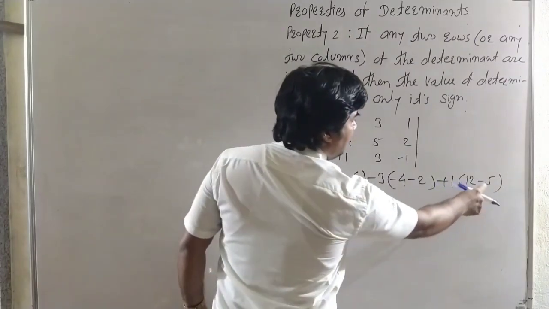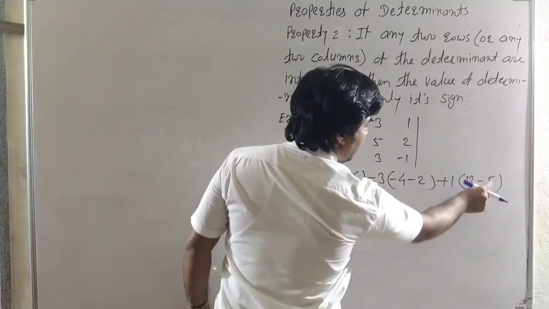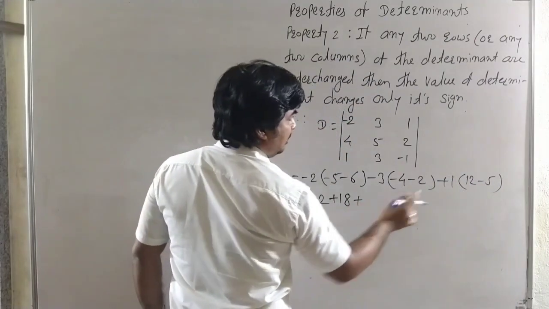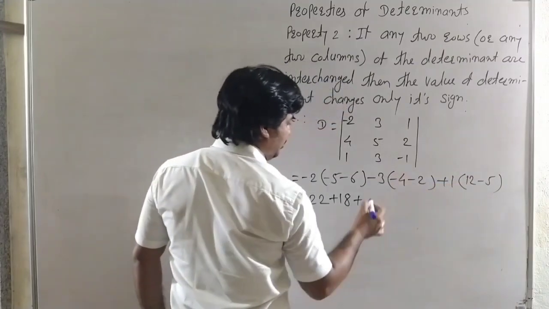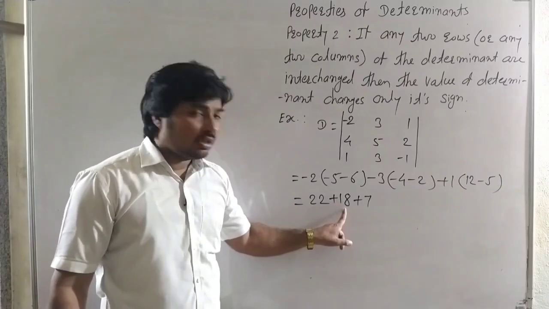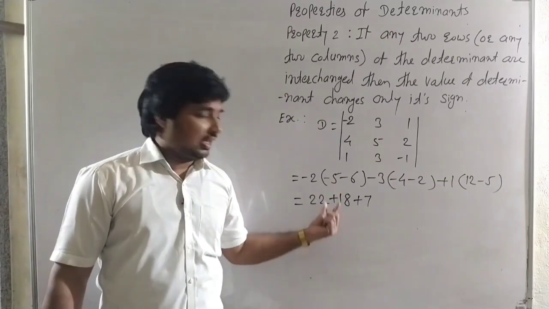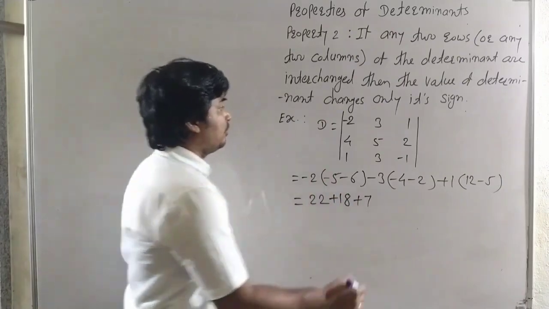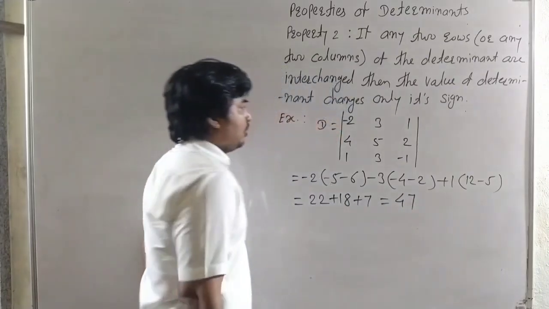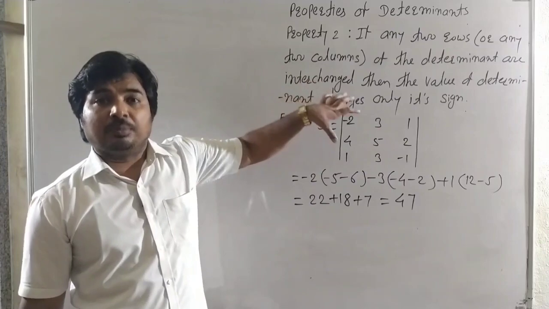And here 12 - 5 is 7, and 7 into 1 is 7. Now 22 plus 18 is 40, and 40 plus 7 is 47. Here 47 is our original determinant.